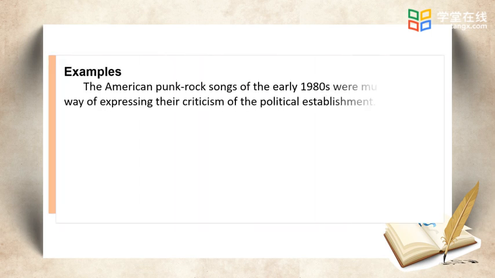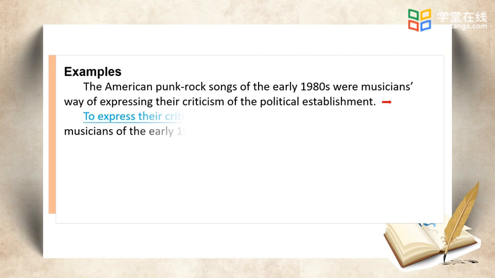Examples: the American punk rock songs of the early 1980s were musicians' way of expressing their criticism of the political establishment. You may start the sentence with an infinitive phrase. To express their criticism of the political establishment, punk rock musicians of the early 1980s wrote protest songs.